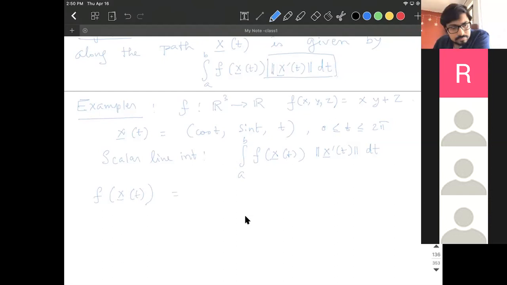Okay, is it? Once more. Exactly. So yes, you did flip y and z. I mean, mistakes can happen. So as you were saying, f of x(t) is x times y plus z, cosine of t times sine of t, plus z is t. So this is my f of x(t).